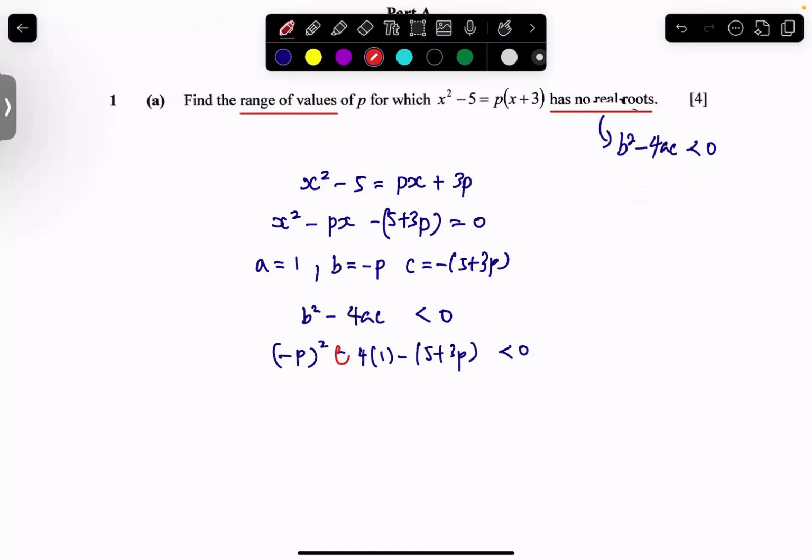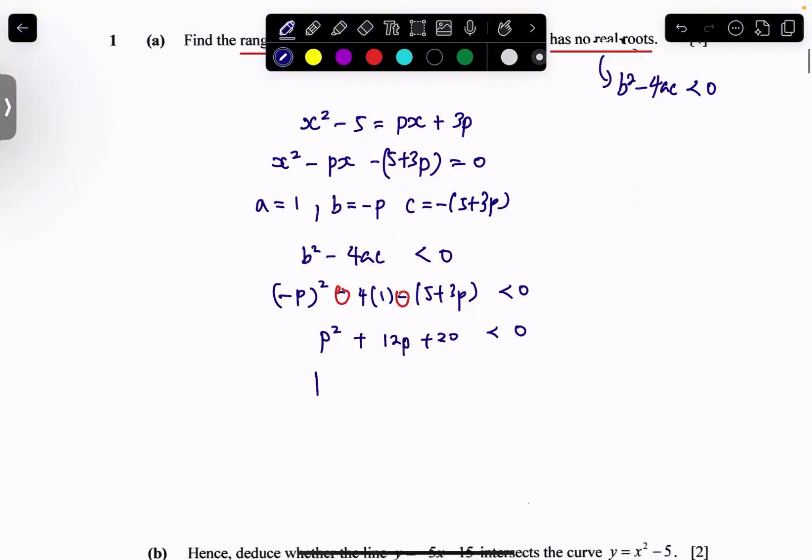Negative will become positive, so it will just be p square plus 12p plus 20 is less than 0. So (p plus 10)(p plus 2) is less than 0.